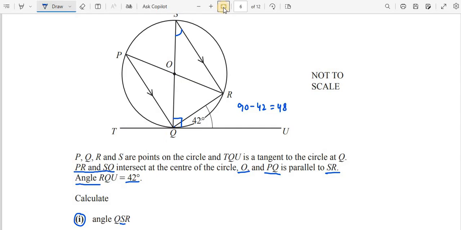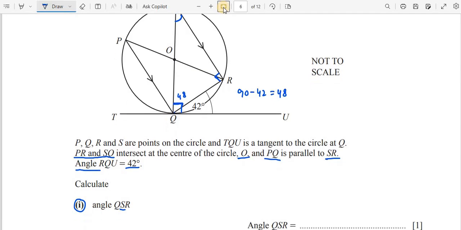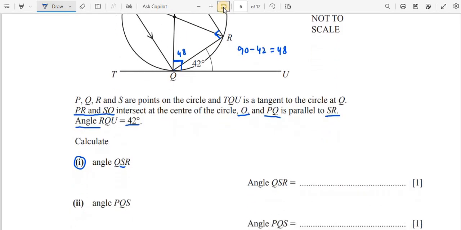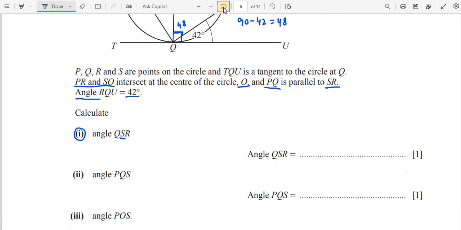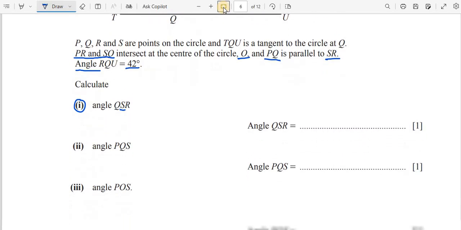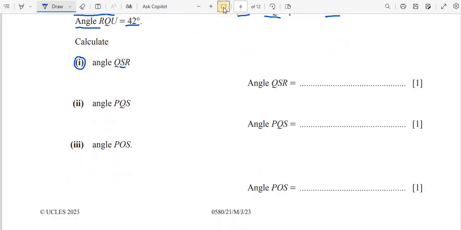So this angle is equal to 48, and this is a right angle, so this is also equal to 90. Using the formula for the angles of a triangle, the sum of angles is equal to 180.